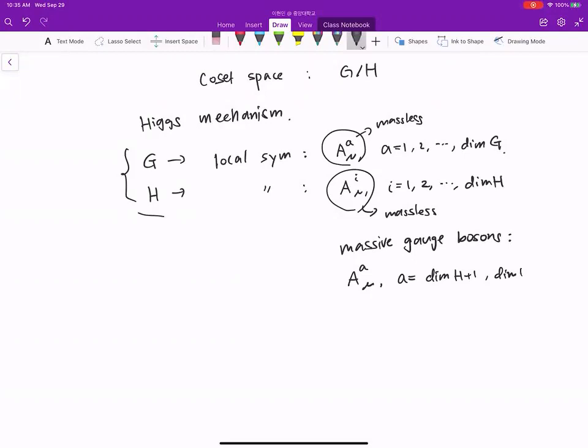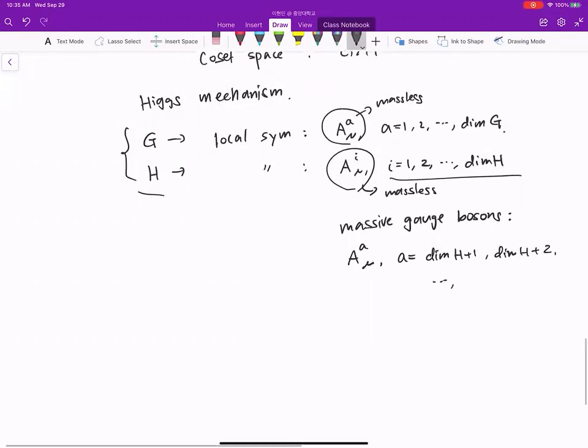Let me order the gauge index in this way, with dimension H plus 1. So the massless gauge bosons are listed up to dimension H, and the others, supposed to be massless gauge bosons before symmetry breaking, are labeled from dimension H plus 1, dimension H plus 2, etc., until dimension G.